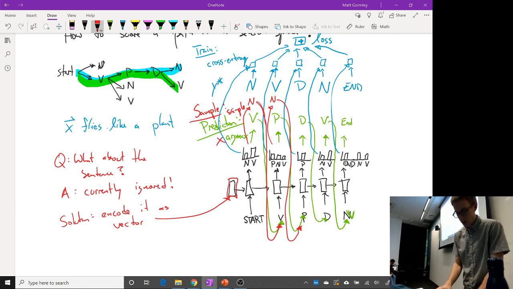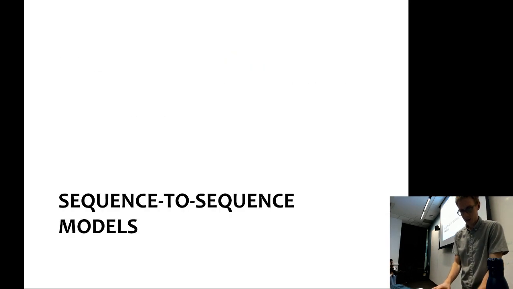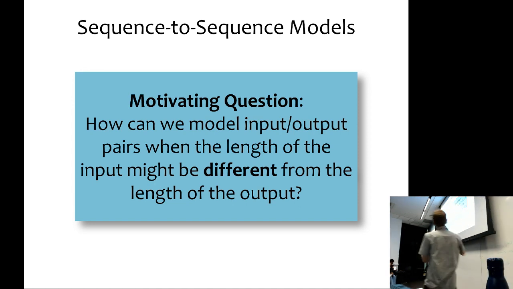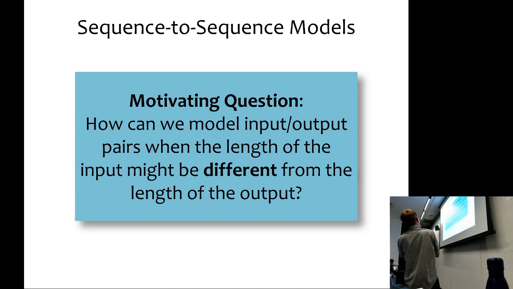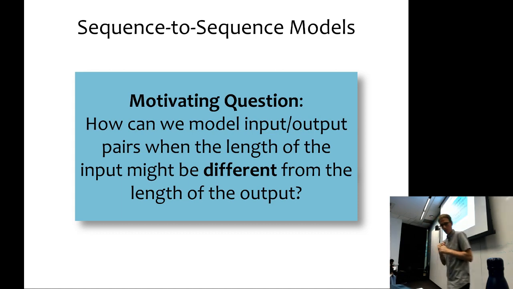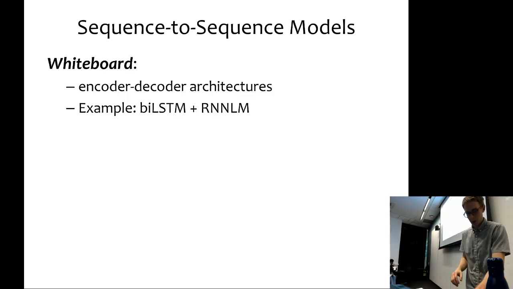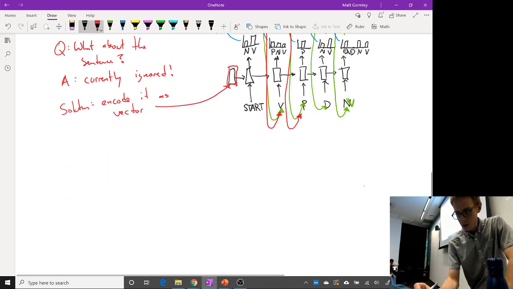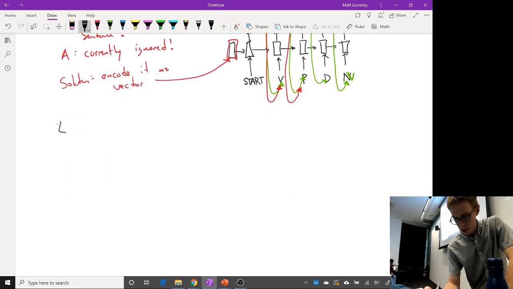This leads us to the notion of sequence-to-sequence models. The motivating question there is, how can we model the input-output pairs when the length of the input might be different from the length of the output? To do that, what we rely on is this notion of an encoder-decoder architecture.